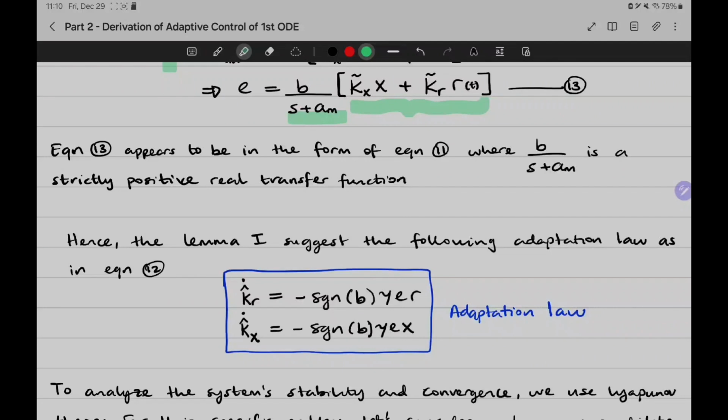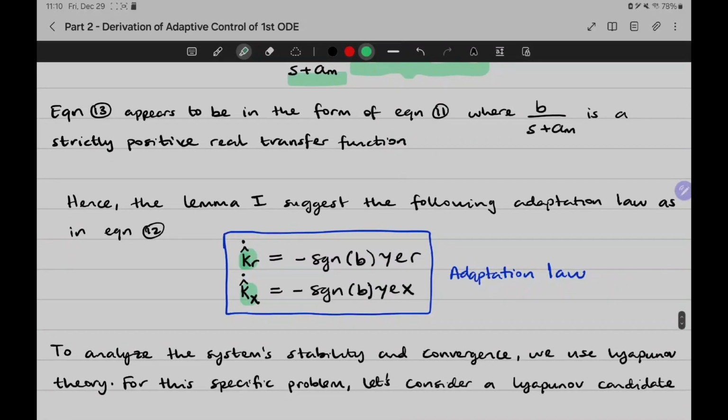Again, the adaptation law, remember, is for the control parameters. It's updating the control parameters, nothing else, just the control parameters. MRAC is very powerful because you can also use it to update the system plant parameters, not just the control parameters, but for this case, we are just using the control parameters.